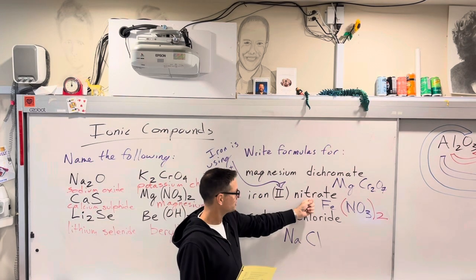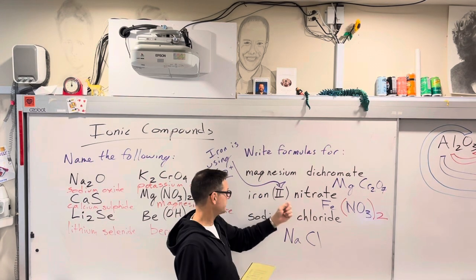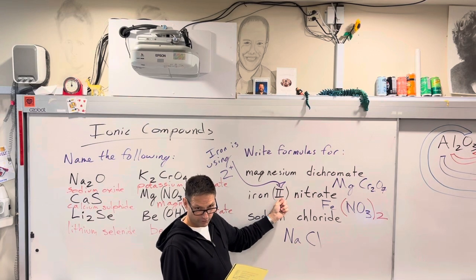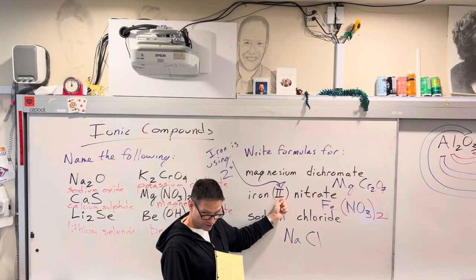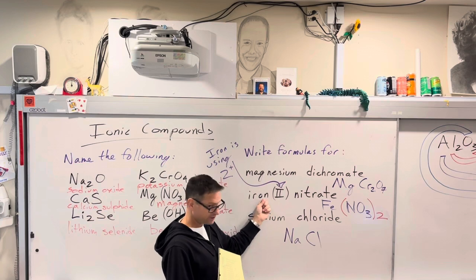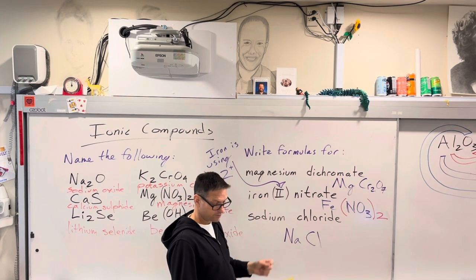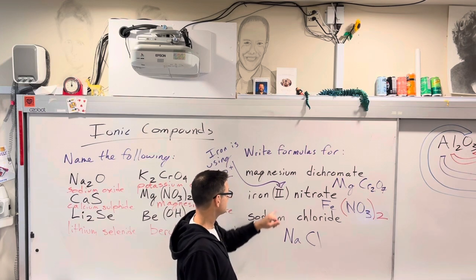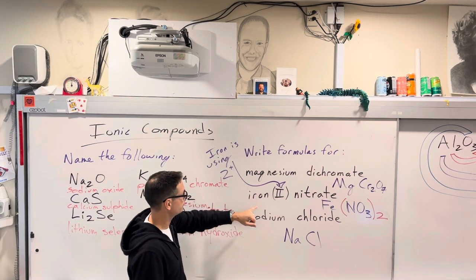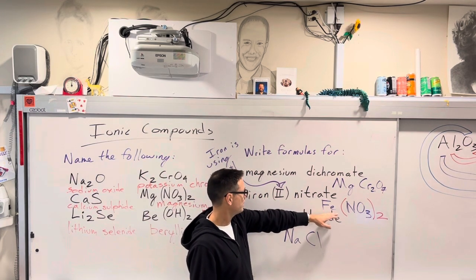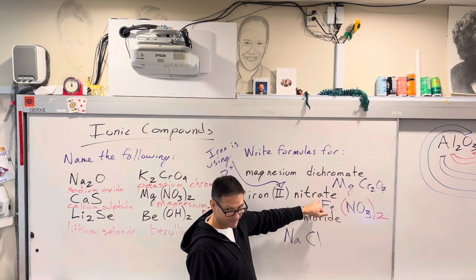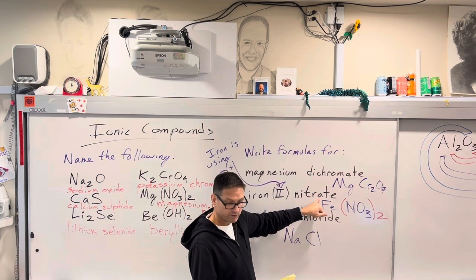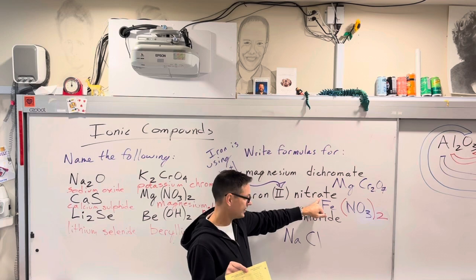Iron 2 nitrate is weird because it has this. This Roman numeral tells you the charge that the iron is using. So if you look on the periodic table, iron can be +3 or +2. And so that 2 tells you that iron is using +2. So you just write the symbol for iron. And then this is not IDE. So you look on the back on your list of polyatomic ions.